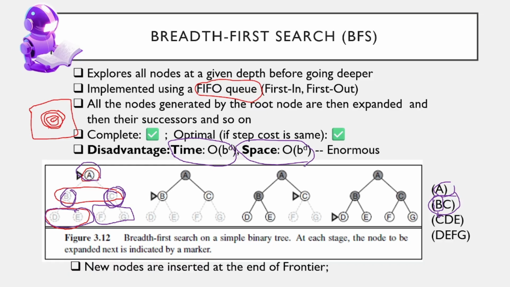That means it is growing exponentially. For example, if each node has just 10 children and the solution is 10 levels deep, BFS may need to store around 10 billion nodes in memory. That's the price you pay for BFS's guarantee of finding a shortest path. That means it needs enormous memory.